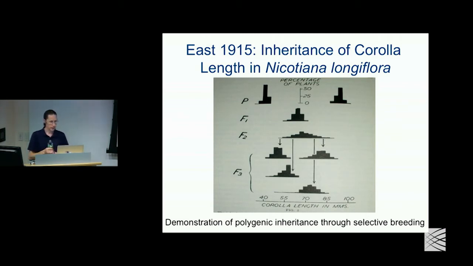And these plant experiments, and ones that soon followed in flies as well, were of the flavor that if you take 2 strains of a plant or a fly or what have you, that have a very strong phenotypic difference in one particular area, in this case corolla length, and you breed them, sometimes you discover that very large phenotypic difference is not caused, as it was in Mendel's garden, by a single mutation, but it was actually caused, and you empirically demonstrate this by selective breeding and then picking members from the population, selectively breeding them, and so forth.